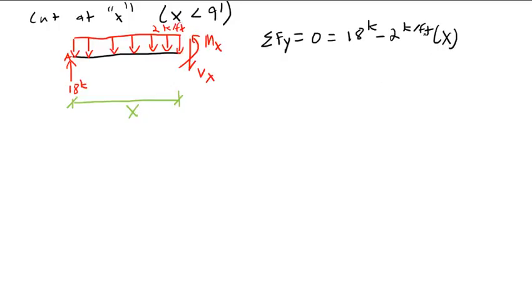Therefore, the total downward load will be 2x. Minus Vx equals 0. And therefore, if you solve for V of x, Vx is equal to 18 kips minus 2x.